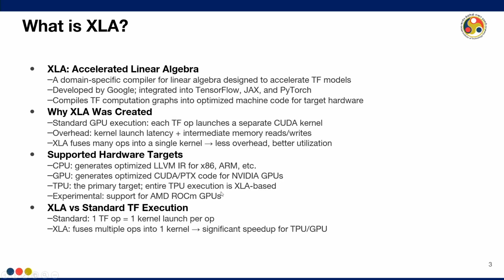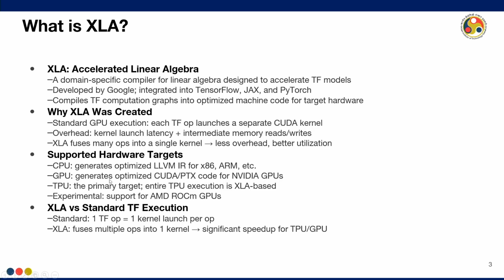So it supports different targets: CPU, GPU, TPU. The primary target was GPU. Entire TPU execution is actually based on XLA, so that is why it is different from the CUDA kernel based execution that you see for GPUs. For CPUs, it generates optimized LLVM IR for x86 and ARM processors.